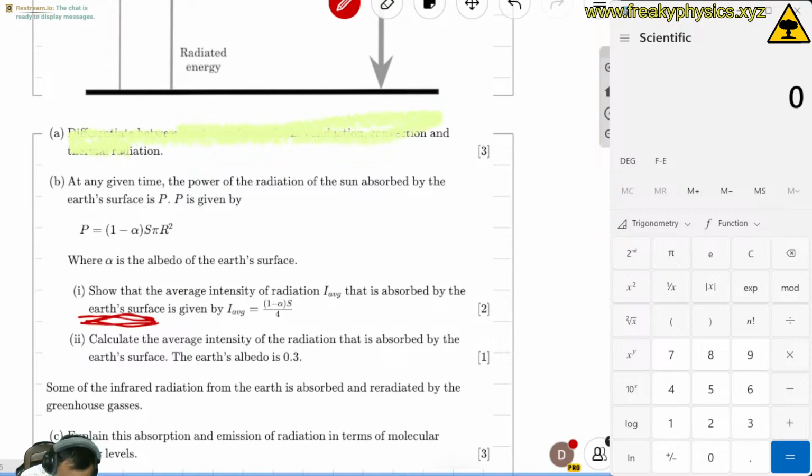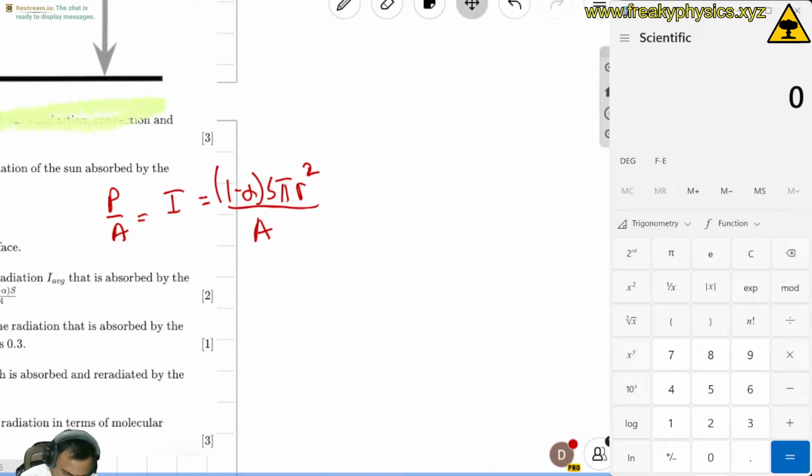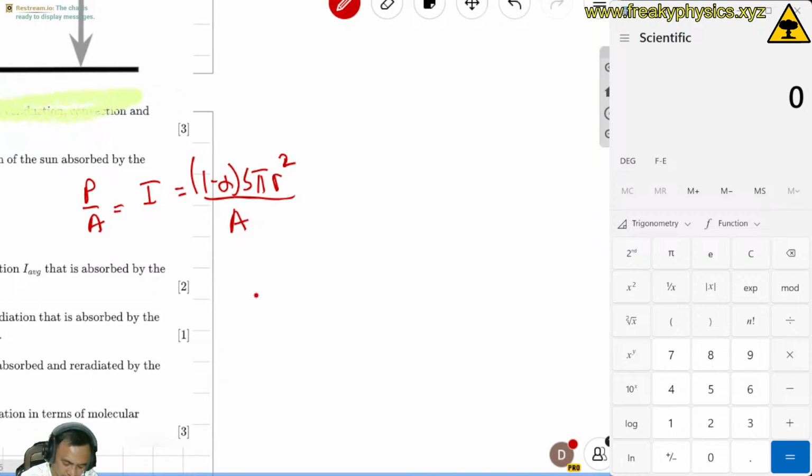Since it's average, we know that power over area would be equal to the intensity. You're given that equation, 1 minus alpha times S pi r squared. Now we're going to divide this by the area as well, because the numerator is just the power.